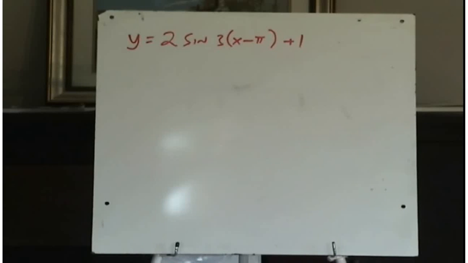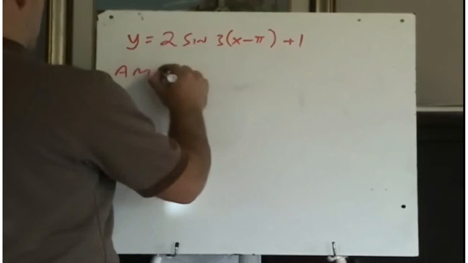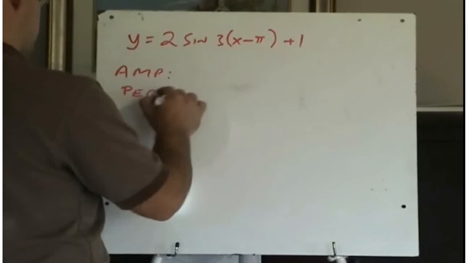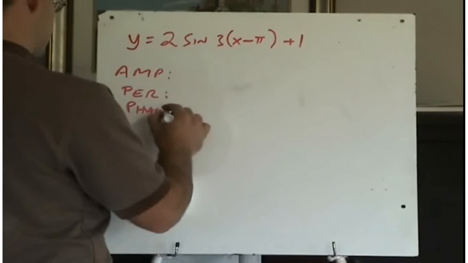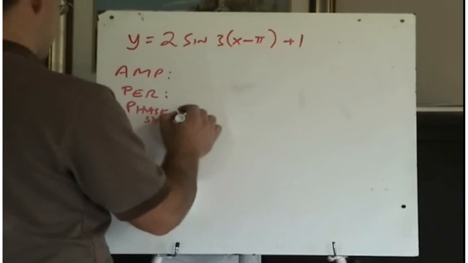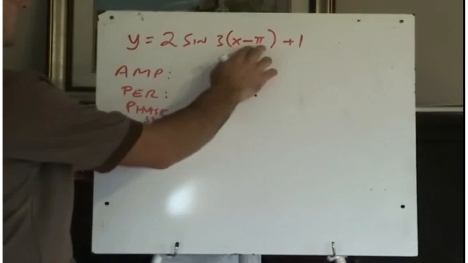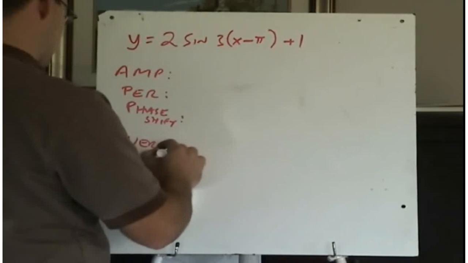So if we consider the function y equals 2 sine 3x minus pi plus 1, we should be able to list all of its properties: its amplitude, its period, its phase shift. And phase shift is simply the word that we give to the horizontal translation, and its vertical displacement.